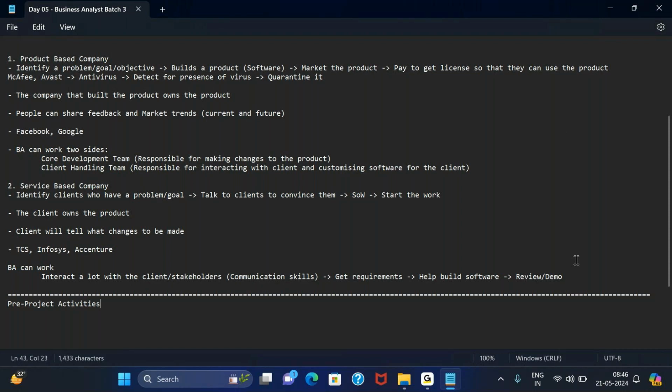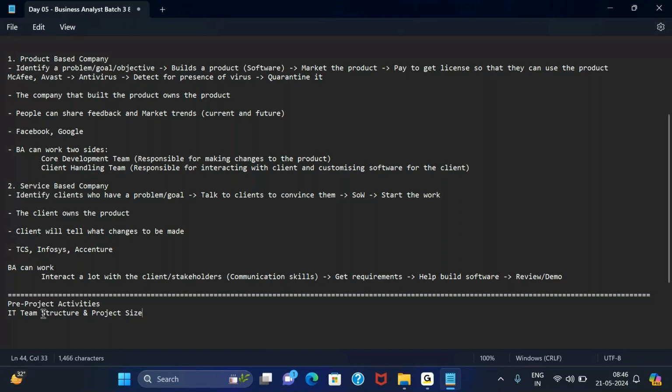So we will discuss that tomorrow, and then with whatever knowledge we have gained about types of companies and pre-project activities, we will discuss IT team structure and project sizes. Okay, and why do we care about these things?